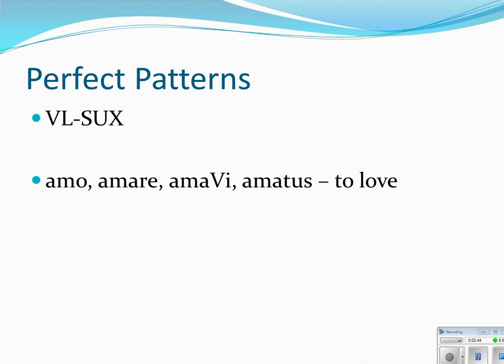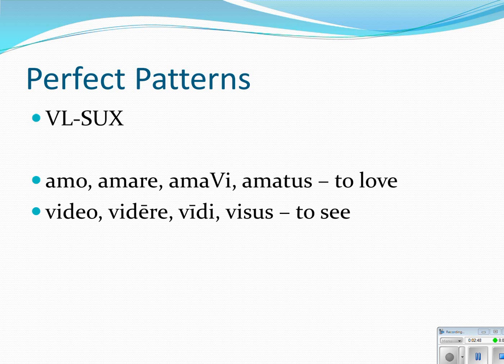L stands for long vowel, as in video, videre, vidi, visus. The i in vidi is long, where the i in video is short. So in the perfect tense, it has a long vowel, and in the present tense, it has a short vowel.